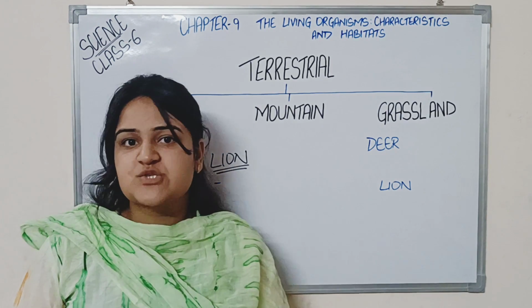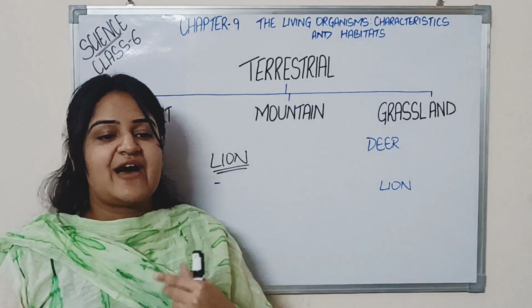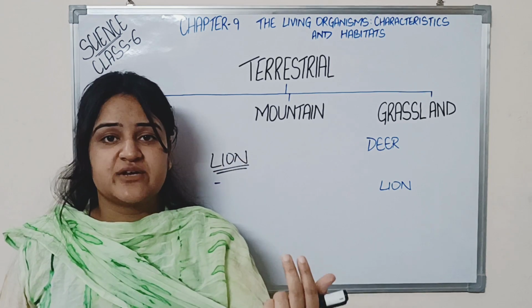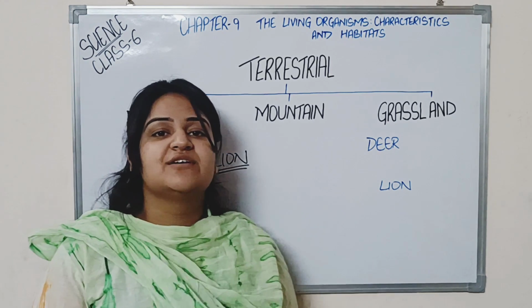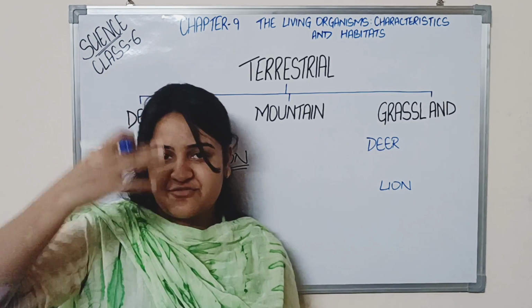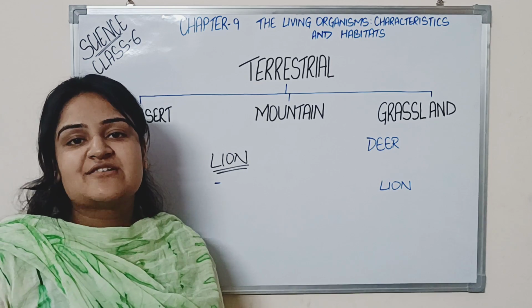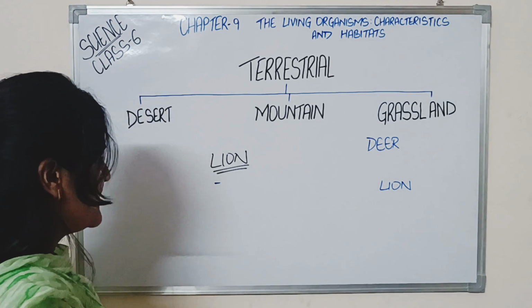Eyes at the front help us to determine the actual distance, right? Now as humans we also have eyes at the front of our face, so we can have the idea of where the other object we are trying to identify is lying. So whenever an animal has eyes at the front of the face, that animal has the ability to judge the distance between himself and the object that is identifiable.